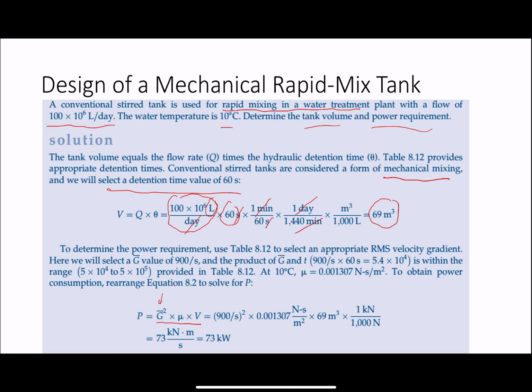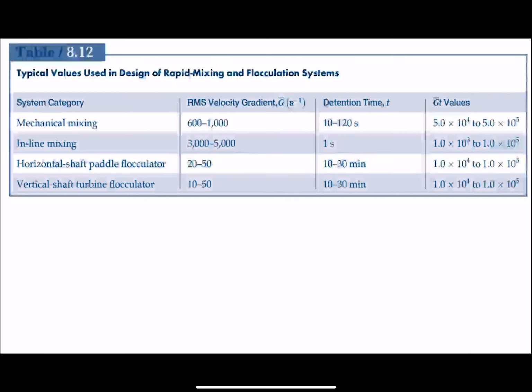Now, we have to look for a value. If you look at table 8-12 for mechanical mixing, I choose mechanical mixing. Of course, you have the options of inline mixing, horizontal shaft, vertical shaft. It's up to you, up to the designer.